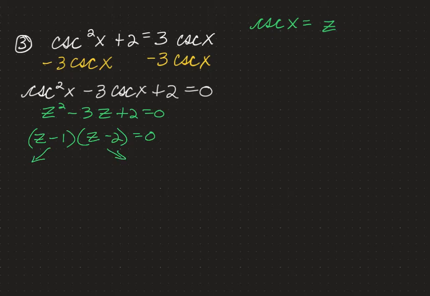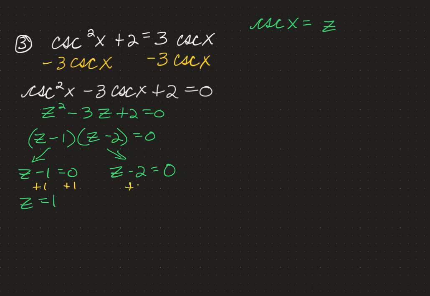Now that it is completely factored, we can set each factor equal to 0, because if either factor is equal to 0, when you multiply them, your result will be 0. All right, at this point, we need to add 1 to both sides of that equation to get z equals 1.